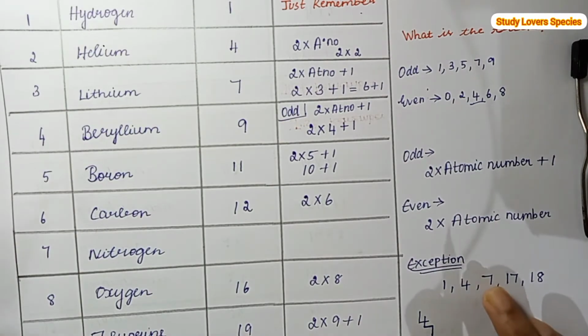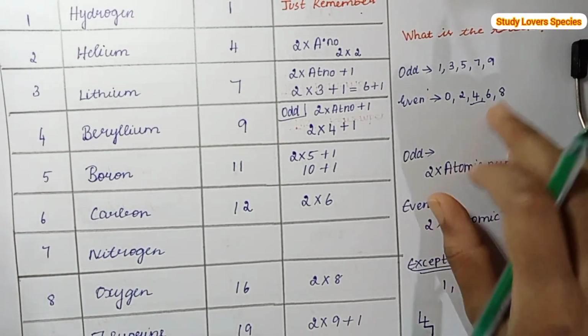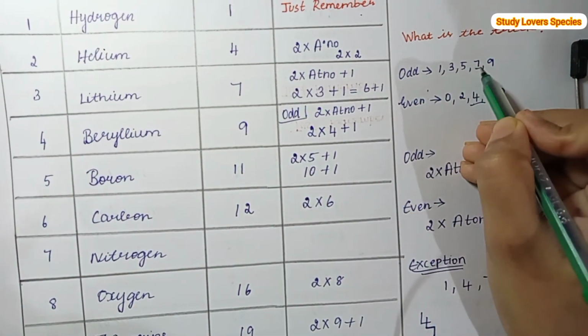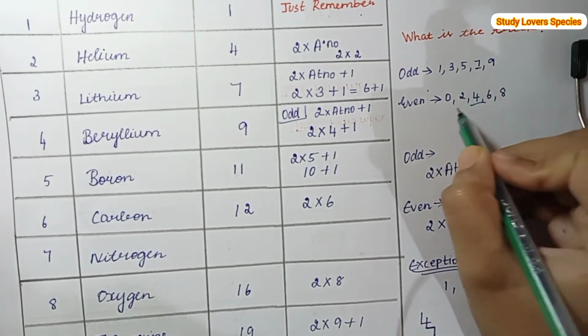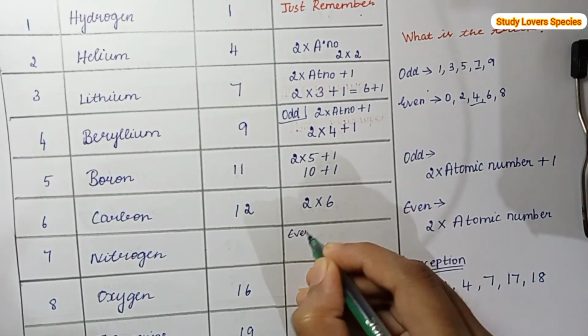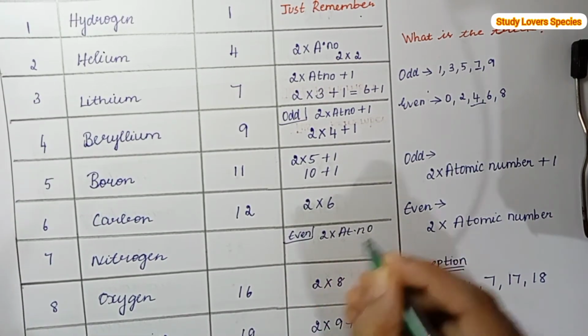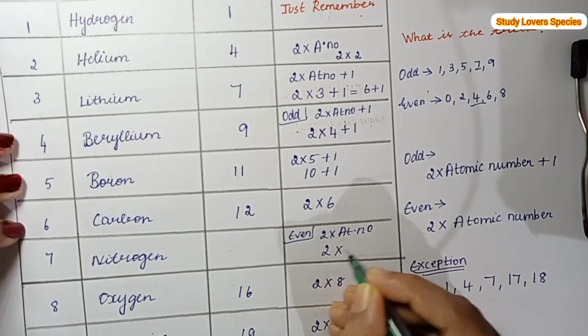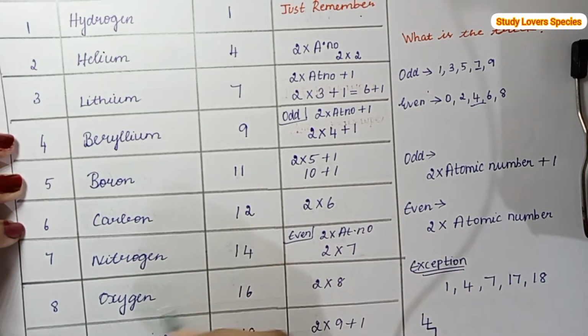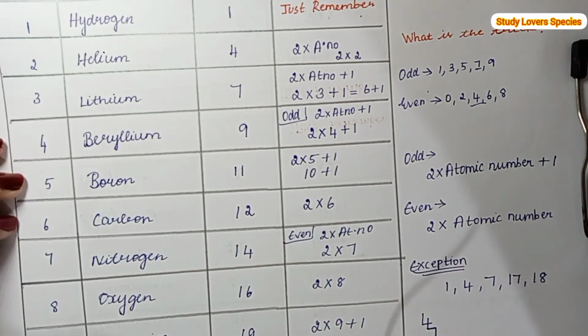Next, our exception is 7. 7 is actually an odd number, but you should use the trick of an even number, that is 2 into atomic number. So 2 into 7 gives you 14.